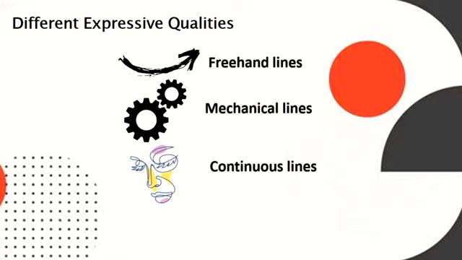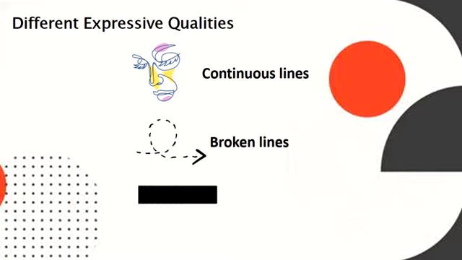Continuous lines can lead the eye in a certain direction. Broken lines can express the ephemeral or the insubstantial. And thick lines can express strength, and thin lines can express delicacy.